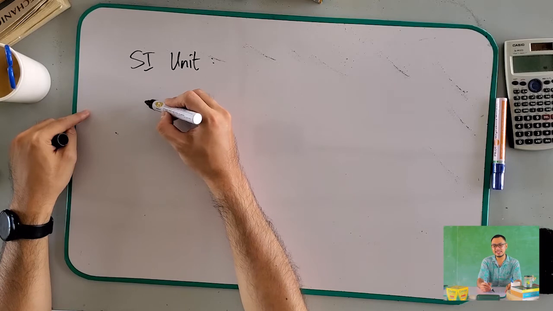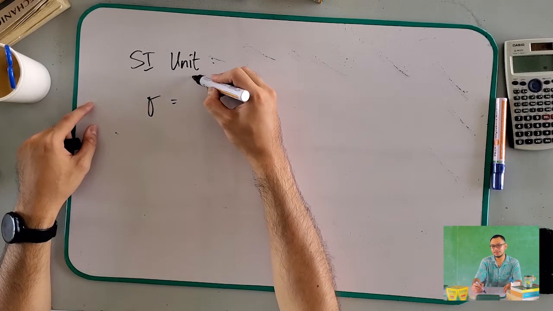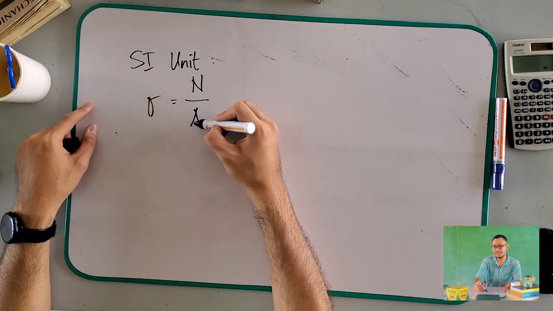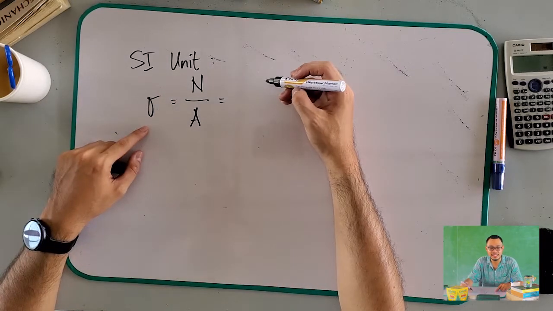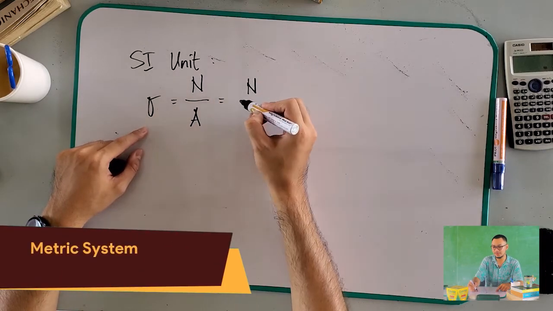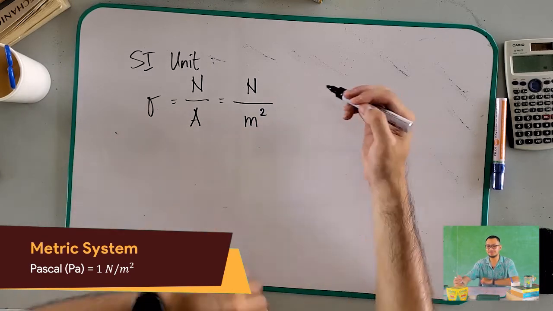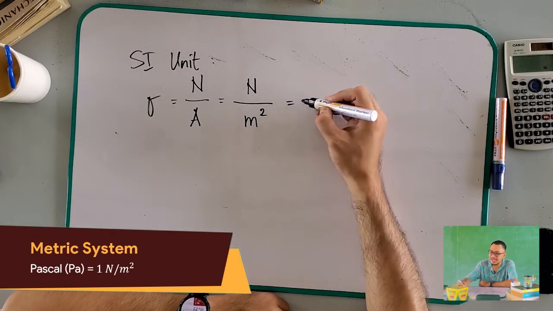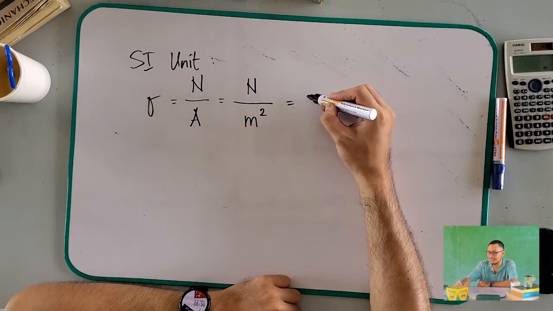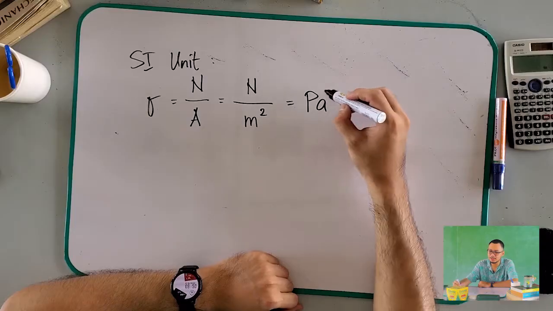Atong stress, ato lang ingon nga normal stress, is equal to force over area. And ang unit sa atong force is newtons. Normal niya, newtons. Newtons over meter squared. Okay? And unsa man ni siya? Kani siya is actually Pascal. So 1 Newton per meter squared is actually 1 Pascal. Okay? So take note about that.